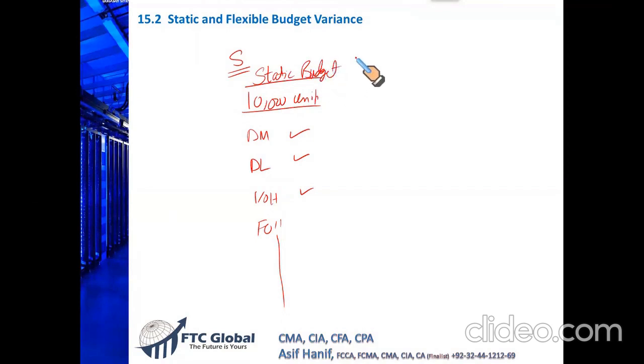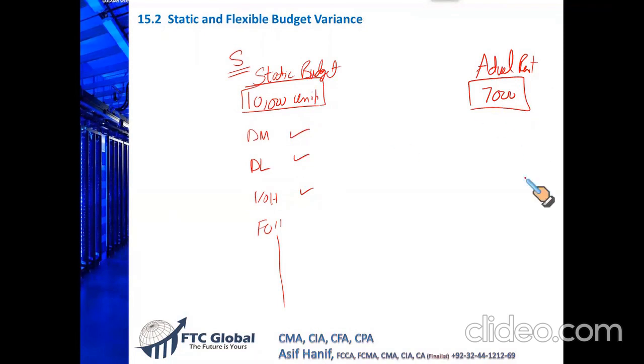Now there's a problem. My actual production and sale was just 7,000 units. The budget was for 10,000, but the actual production and sale was 7,000. This is the actual result. If you compare the 10,000 budget with the 7,000 actual results, this is ridiculous, because these numbers are based upon 10,000 units and those on 7,000 units.